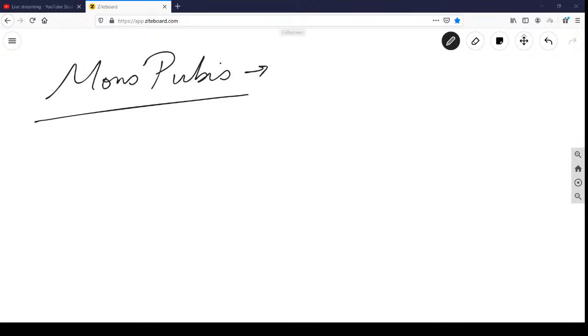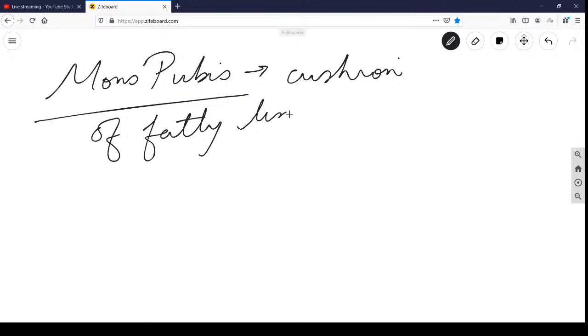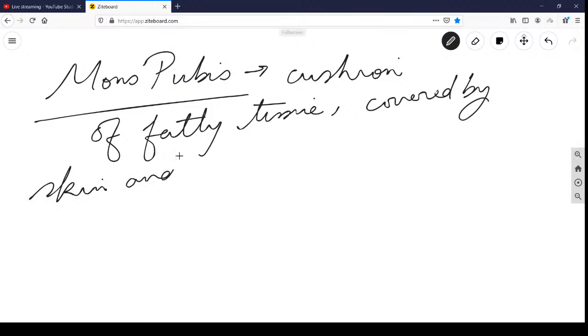It's a cushion of fatty tissue covered by skin and pubic hair that lies over the pubic symphysis.